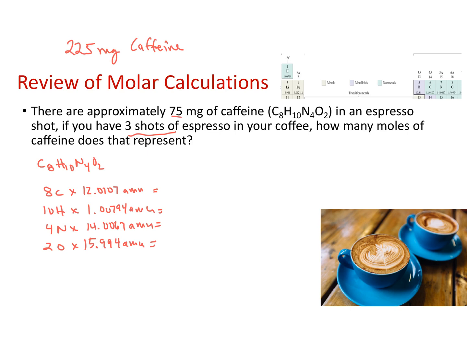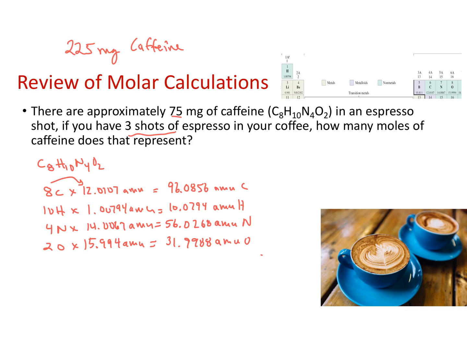So multiply 8 by 12, 10 by 1, 4 by 14 to determine that I've got approximately 96.0856 AMU of carbon, approximately 10.0794 AMU of hydrogen, 56.0268 AMU of nitrogen, and 31.9988 AMU of oxygen.